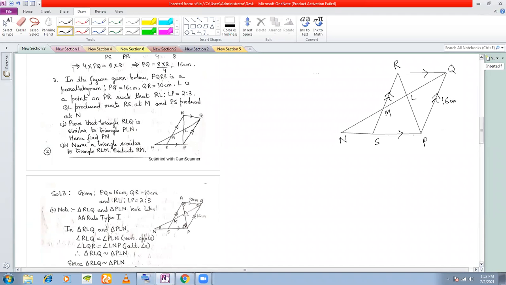Let's label this as 16 centimeters. QR is 10 centimeters. So we label this as 10 centimeters.